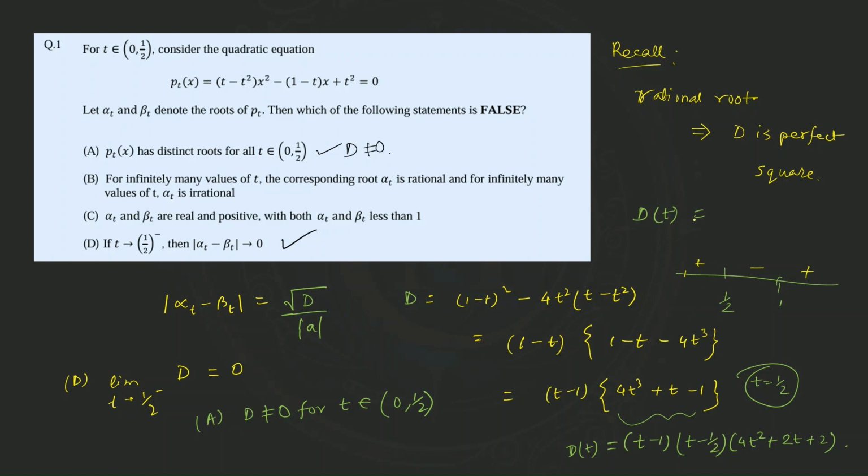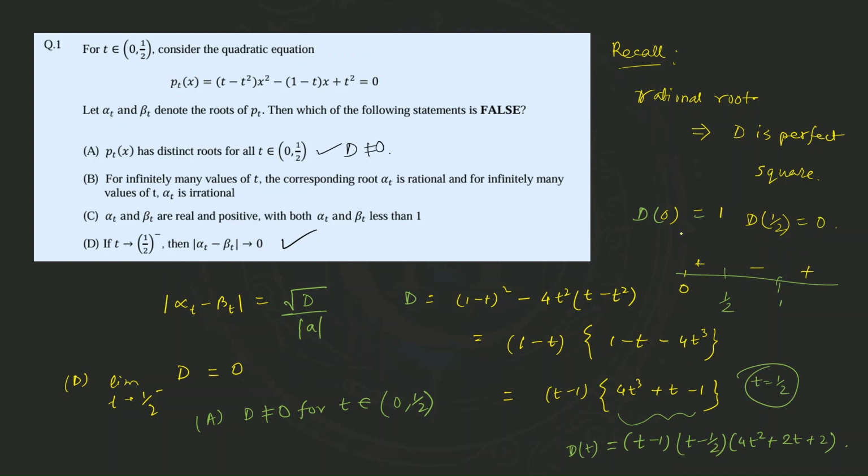Okay, so we can say that if we find d of 0, d of 0 is basically 1, and let's say we find d at t equal to half. So at t equal to half, d will be equal to 0.